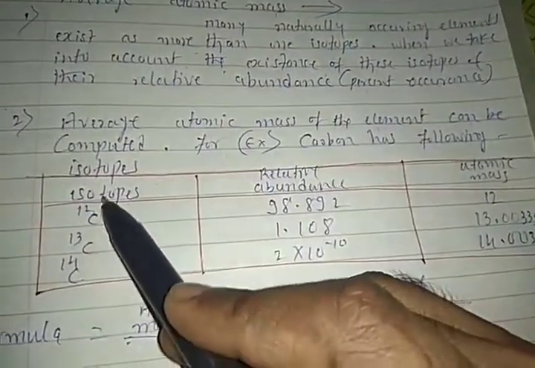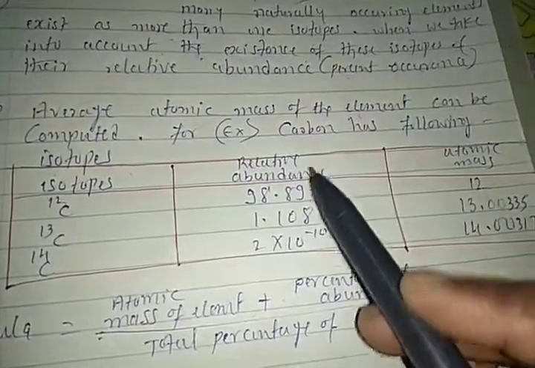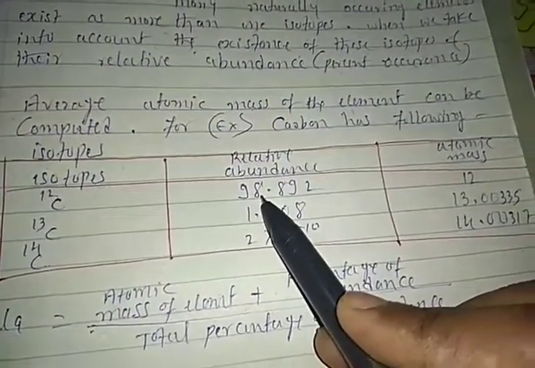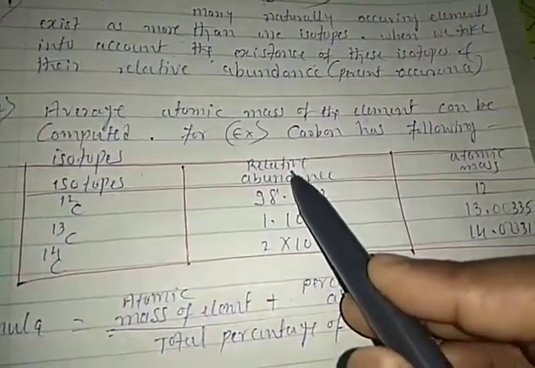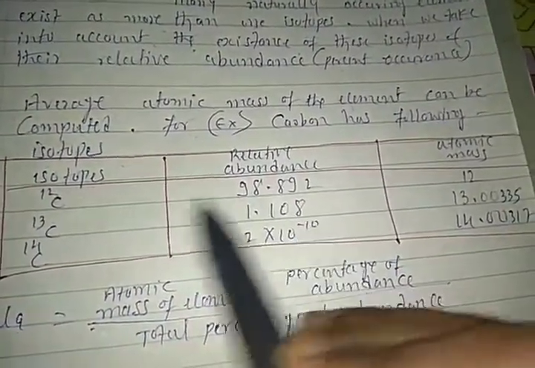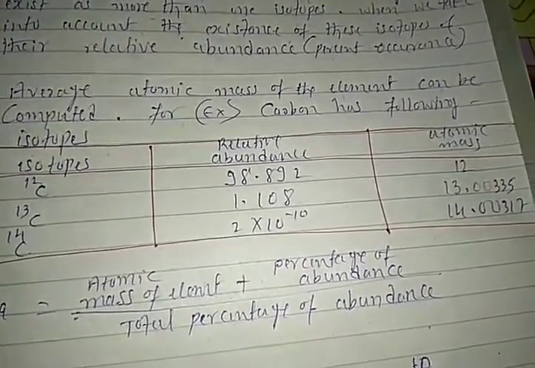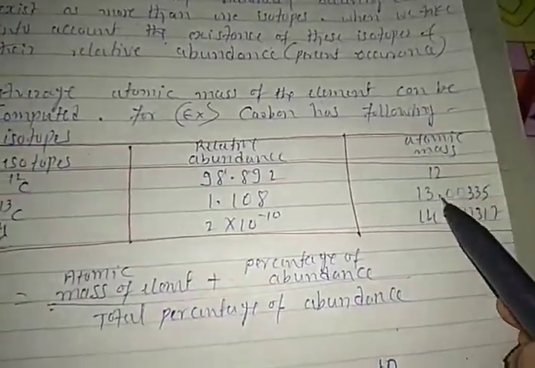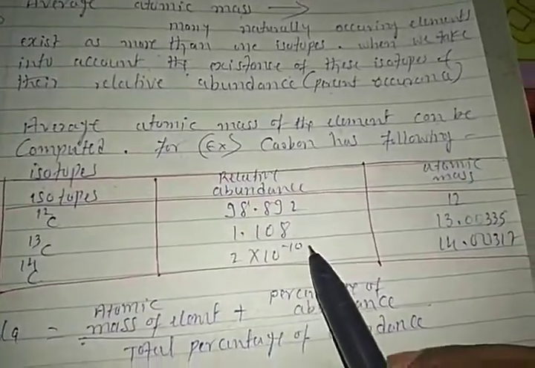Carbon 12, abundance means existence in the atmosphere, 98% is available, atomic mass 12. Carbon 13, relative abundance 1.108%, atomic mass 13. Carbon 14, abundance 2 into 10 to the power of minus 10, atomic mass 14.